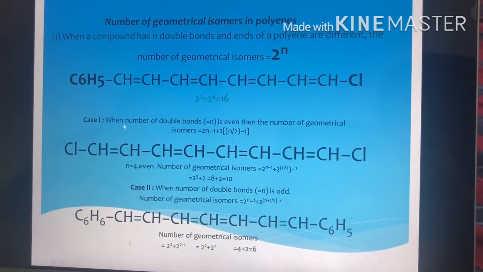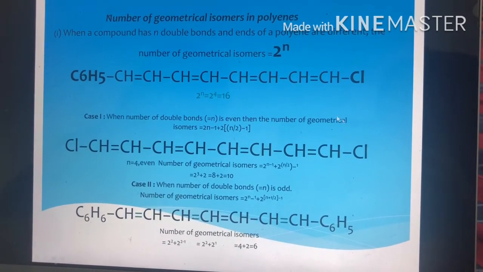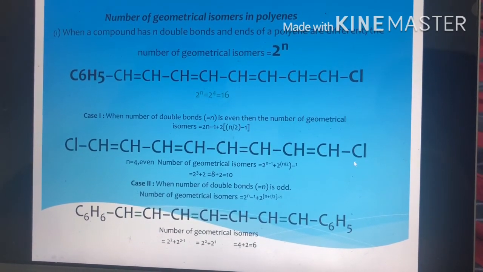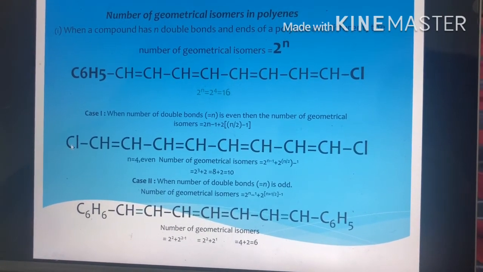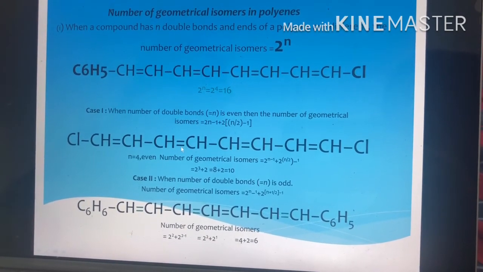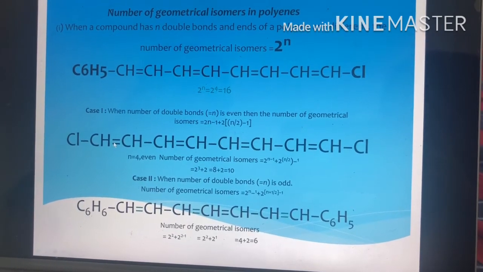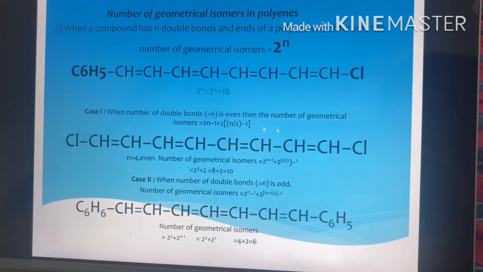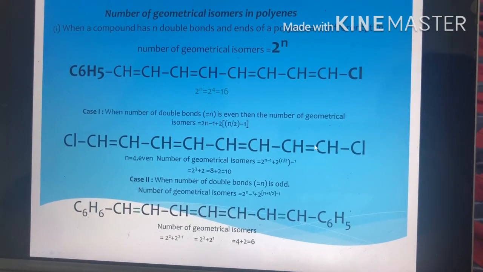Now the second case is when both ends of the alkene have the same atoms. Here we have chlorine, here we have chlorine. But there are again two conditions: whether the number of double bonds is even or odd. Let us look at the first example, where both end atoms are the same and the double bonds are 1, 2, 3, 4.